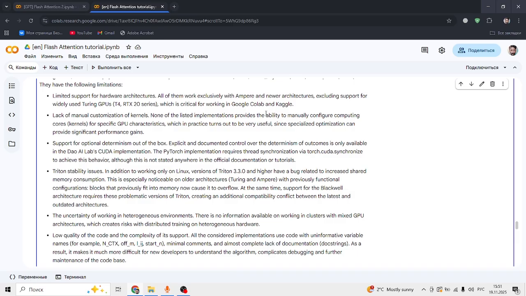To get the most enjoyable experience with FlashAttention, you need the legacy version of my implementation. How to do this we will look a little later.